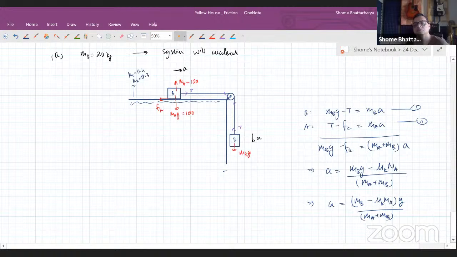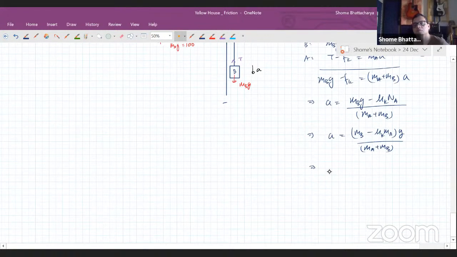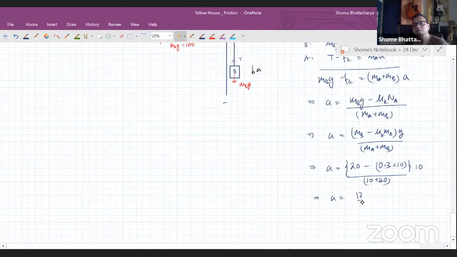Now just substitute the values. So mass of B we have taken as 20 kg. Coefficient of kinetic friction is 0.3. Mass of A was 10 kg. Okay. So 17 by 30 times g.